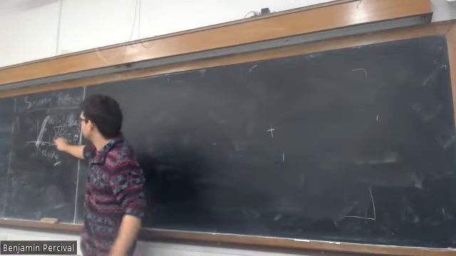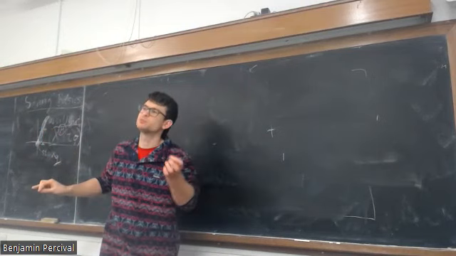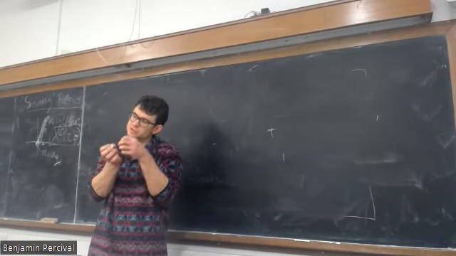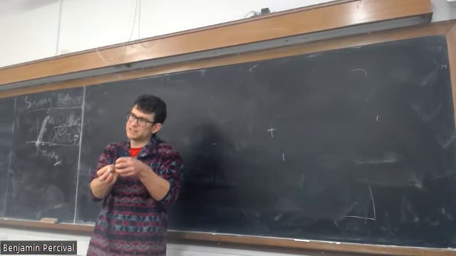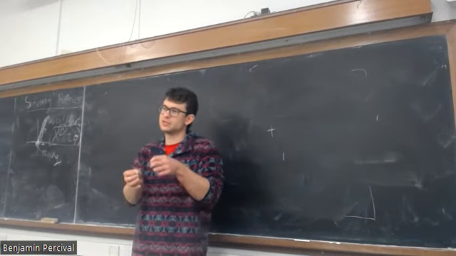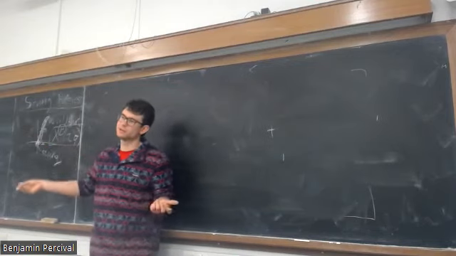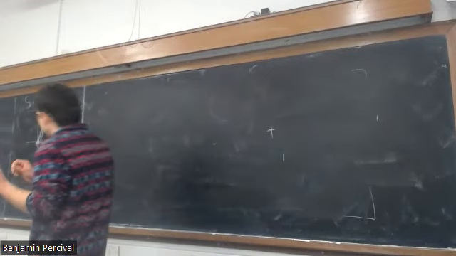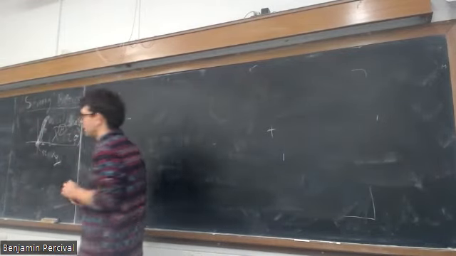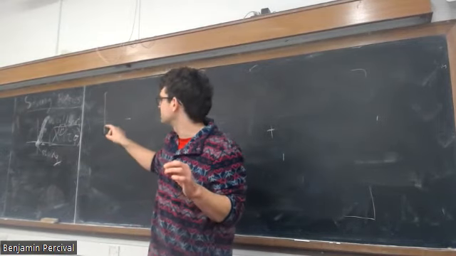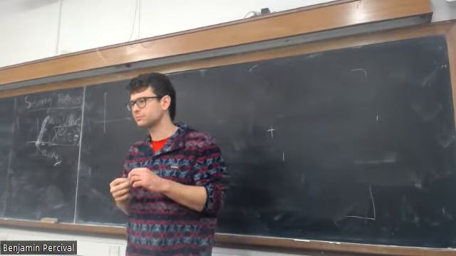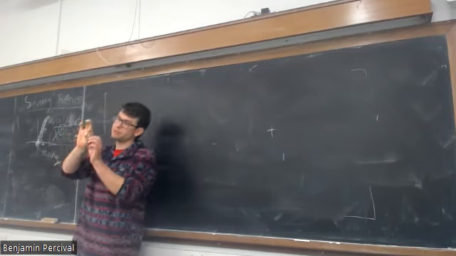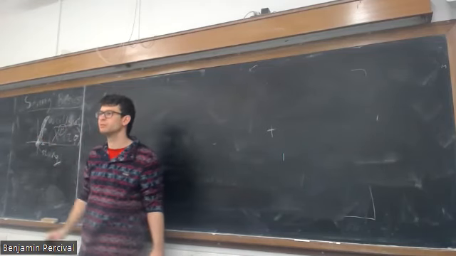So this mu is the label of the space-time dimension. But tau and sigma are parameters of the string itself, of the world sheet. So these are world sheet coordinates and this is the space-time coordinate. And it's important to distinguish those two. In that sense, we can think of this function x as a function that takes in tau and sigma, then maps you into the space-time by giving you mu.